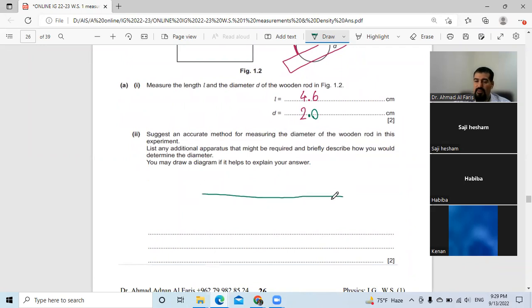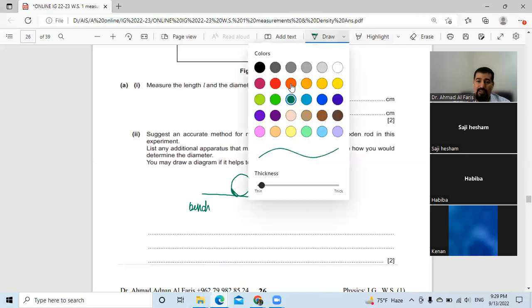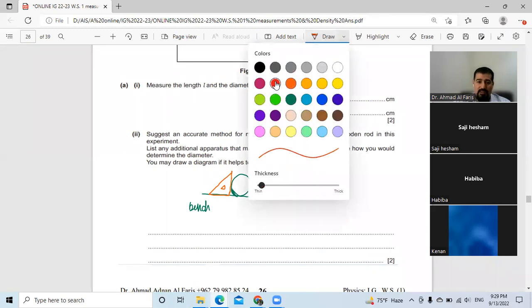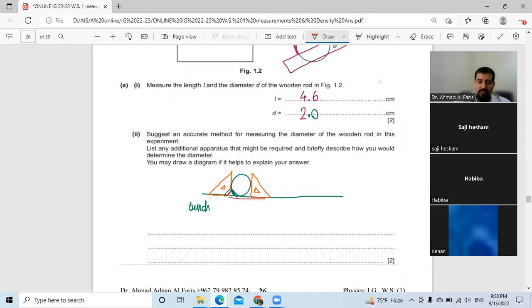I put on the bench the wooden rod here, and I will use 2 set squares to hold it from both sides, from both edges, and I put the ruler below them. Then I can measure the distance from here to here on the 2 set squares. This is a method to do this.